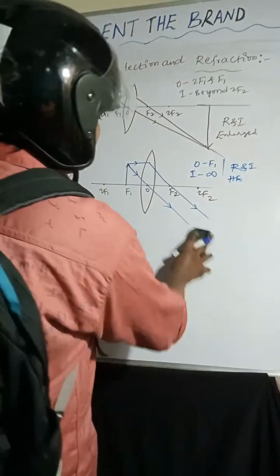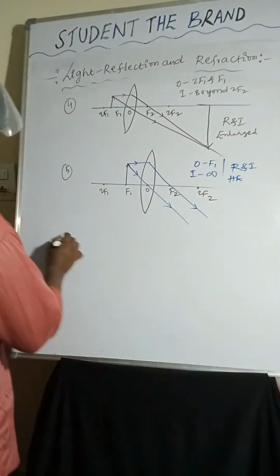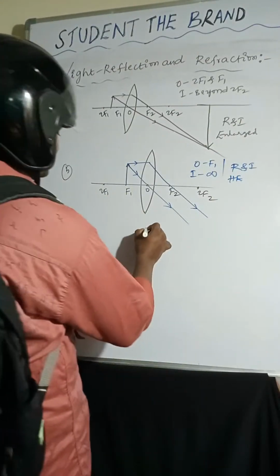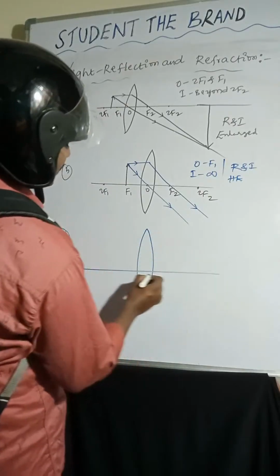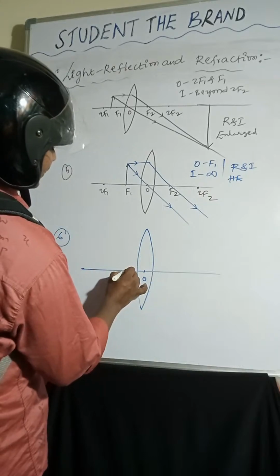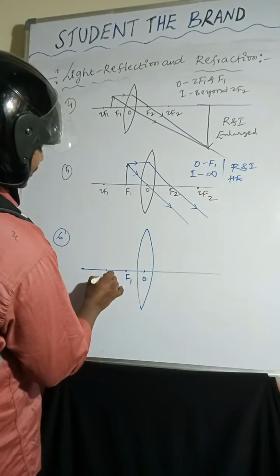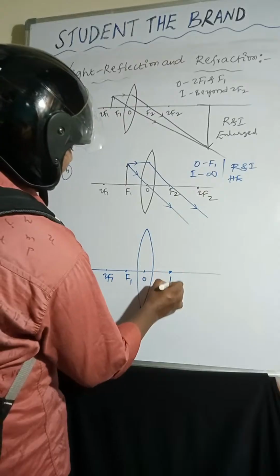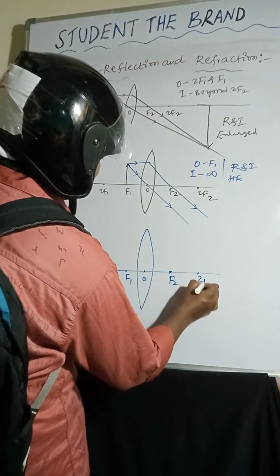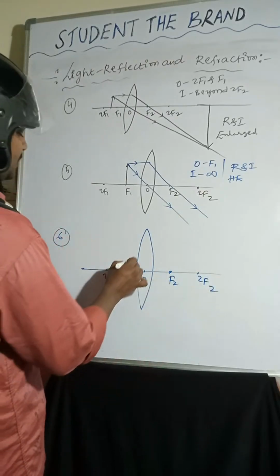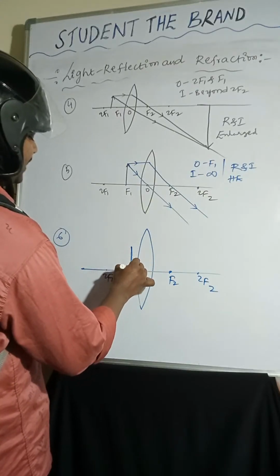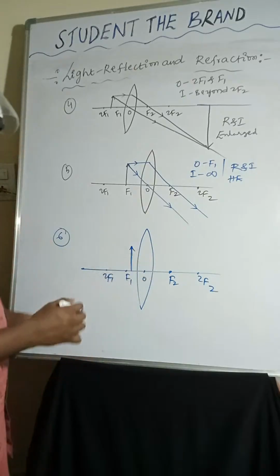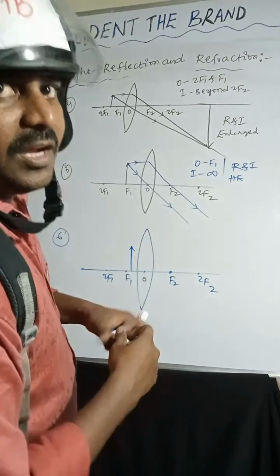Okay. So now sixth one. So this is the optic center. F1, 2F1, F2, 2F2. Object is placed between F1 and O. Image will form on the same side of the object.